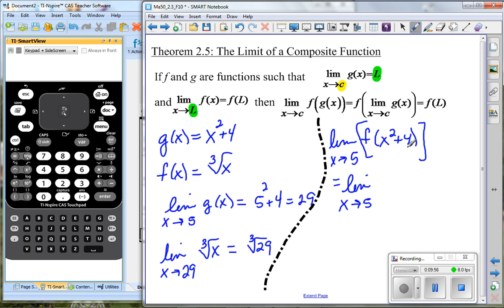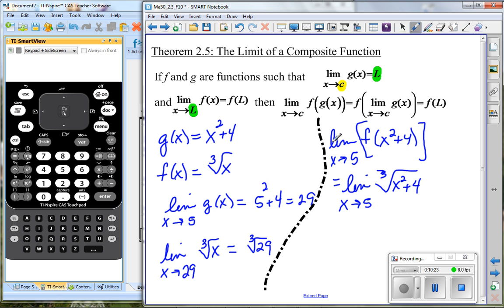Well, this is my input, remember. X squared plus 4 is the input that I use in function f, so this would be the cube root of x squared plus 4. Again, if I can do this without having the even root index with a negative radicand, it's just fine, which in this case it is.